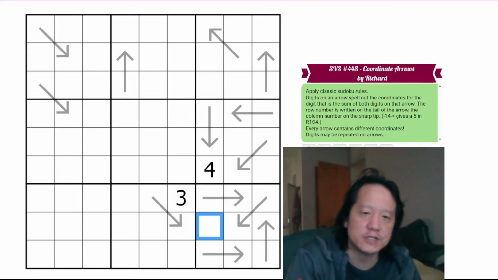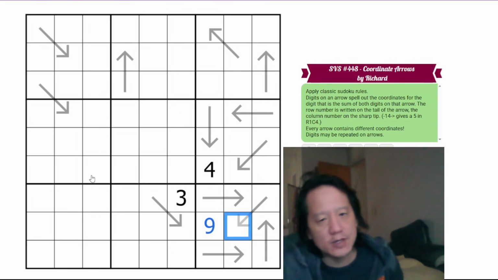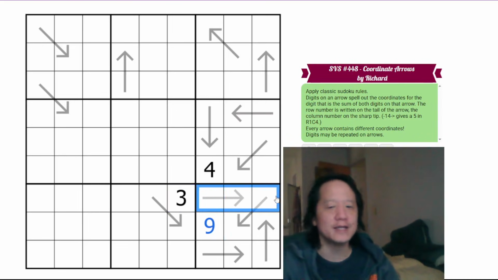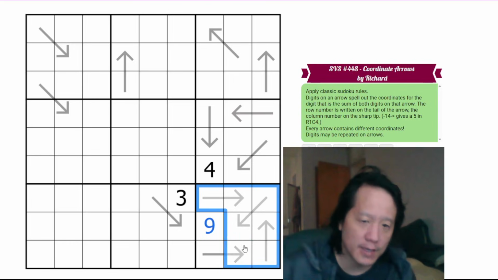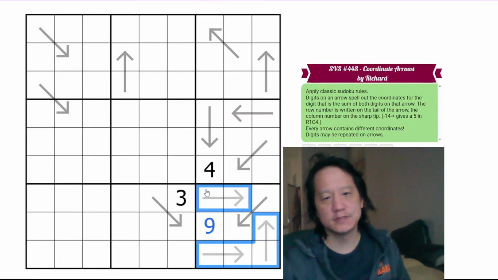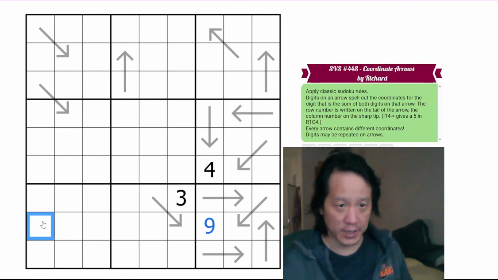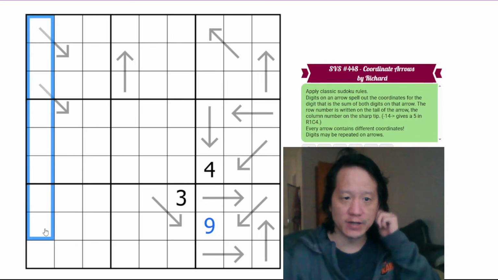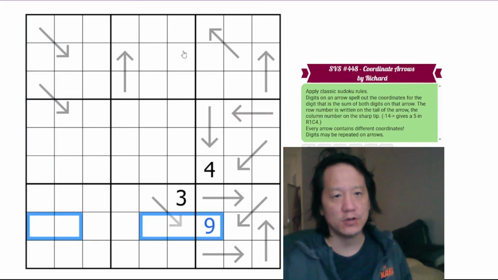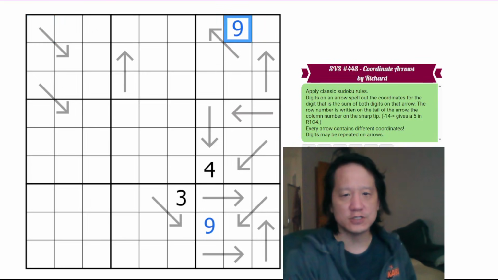So therefore, where's the 9? It must be here. That means we are guaranteed a 1 and an 8 in this set. So it's either going to be 1, 8 is a 9 or 8, 1 is a 9. But 8, 1 can't be 9 because we already have a 9 in that row. So it must be 1 and 8 is a 9. So this is a 9.